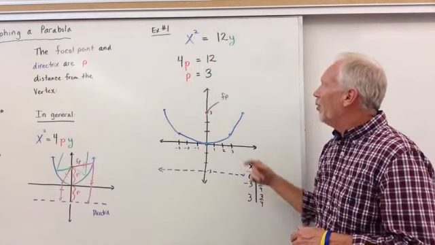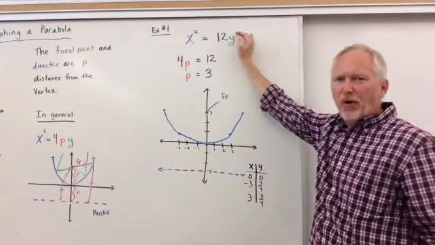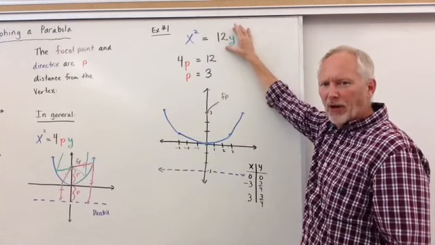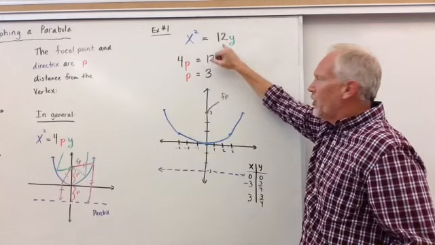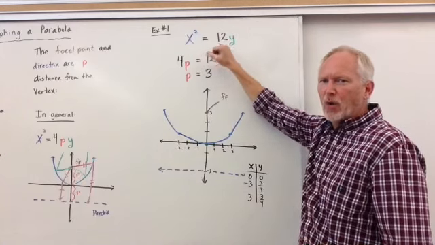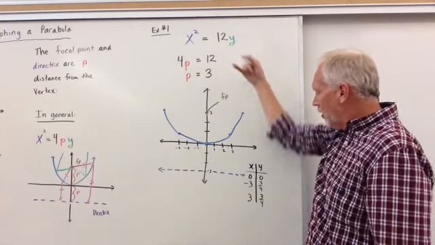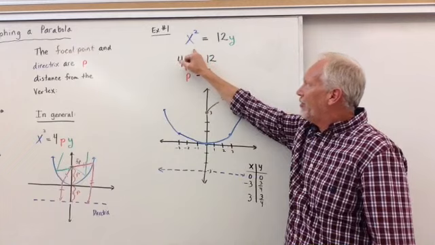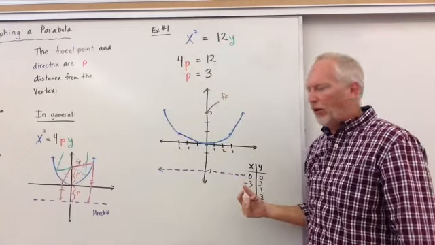But now I want to figure out, well, where would the next spot be? So 12, I go to my perfect squares. What can I multiply by 12 in order to get a perfect square, or divide? I chose 36, 12 times 3. So if x is negative 3, that means it's 9. 9 divided by 12 is 3/4.